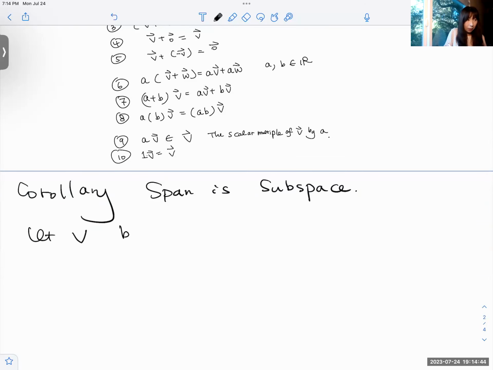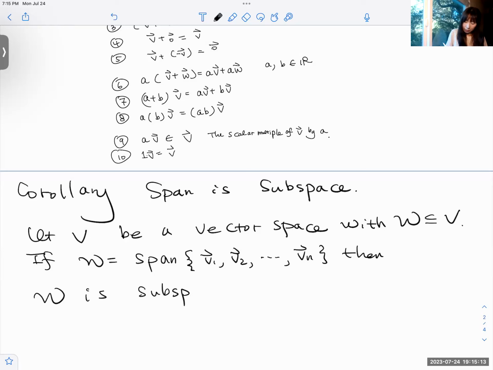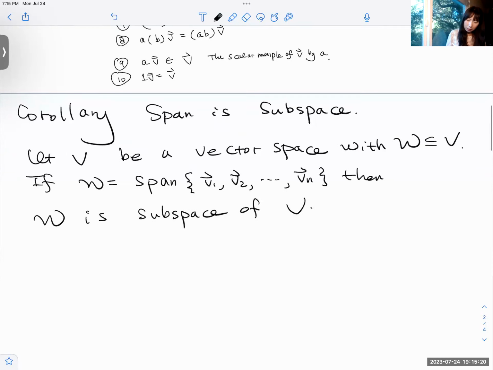Let V be a vector space with W a subset of V. If W equals the span of vectors V1, V2, up to V sub n, then W is a subspace of V. So we have an example for this one. Let us do that later. And then one more.